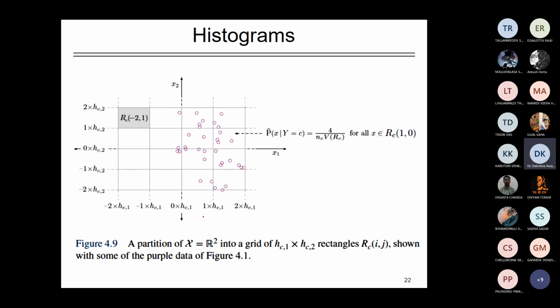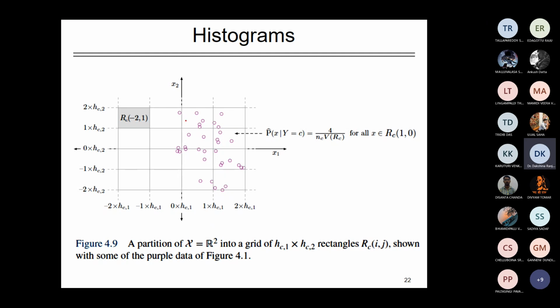Now the whole thing is represented by this rectangle grid. Here you can see that we get a partition of x equals R^2. Here we are considering a two-dimensional feature space instead of an m-dimensional one, and we partition this feature space into a grid of h_C1 by h_C2 rectangles. R_C(i, j) represents the rectangle.